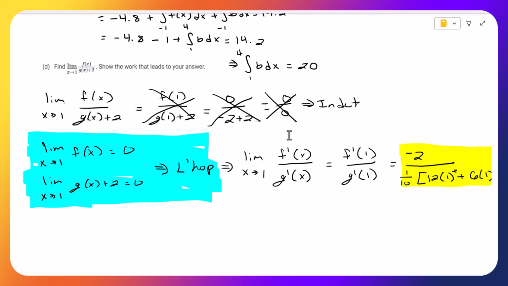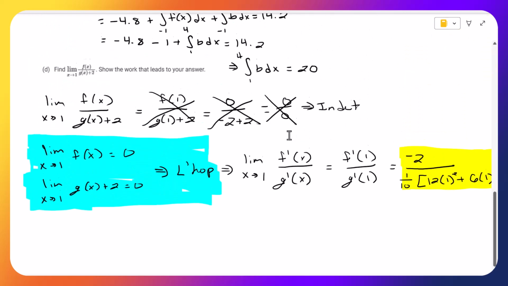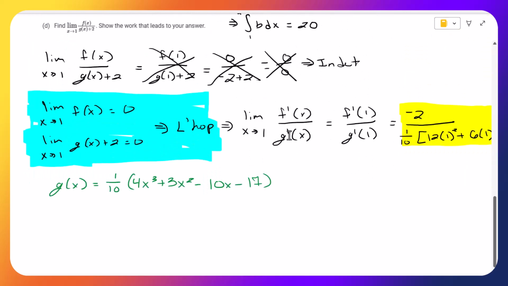Our other point for this question is finding the derivative of this and actually writing what the derivative is. So our derivative here is 1 over 10 times 12x squared plus 6x minus 10.